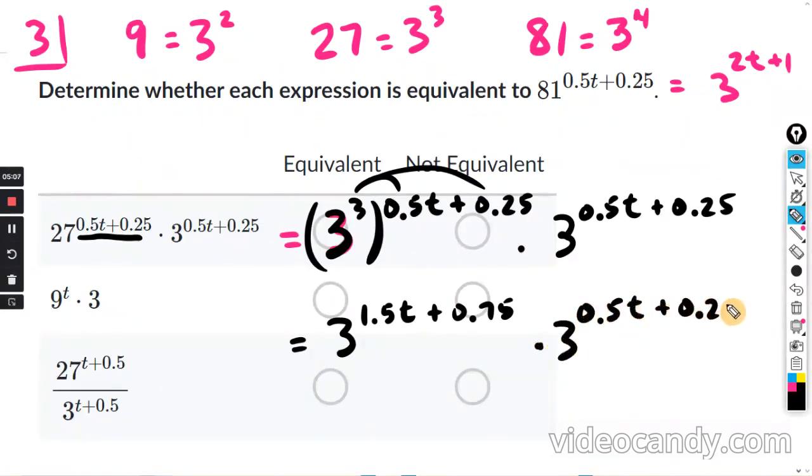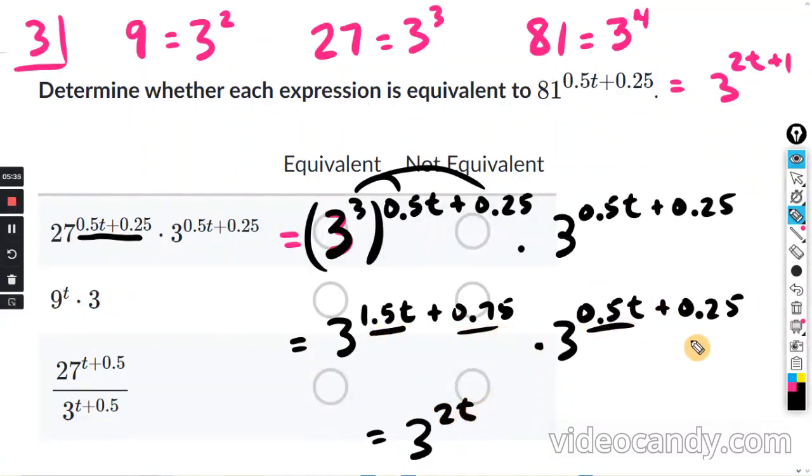I'm just recopying. And the 3's match, so we can keep the 3, and then we are just adding the exponents. Recall, if you have x to the a times x to the b, it's going to be x to the a plus b. You're just adding the exponents. So 1.5t plus 0.5t is 2t.